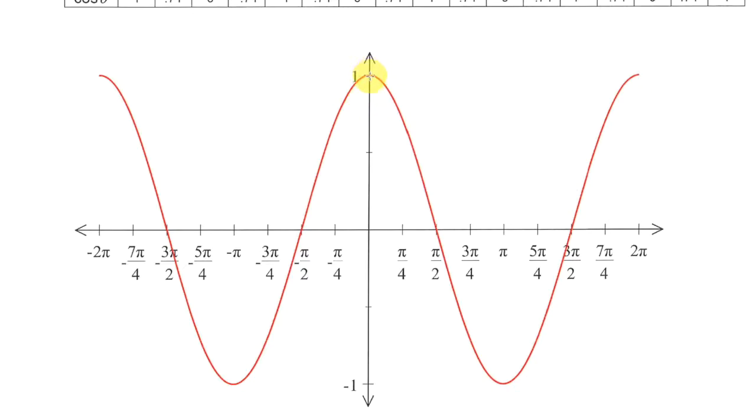We have a maximum of 1, and we have a minimum of negative 1. We say that the amplitude is equal to 1. So that's how much we are above or below the median. It's the size of the wave. So we don't go from negative 1 to 1 and say it's got an amplitude of 2. It's the distance that the peak is above the median, and that's 1.